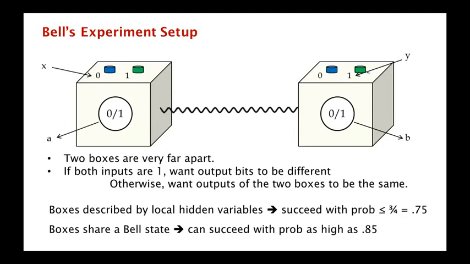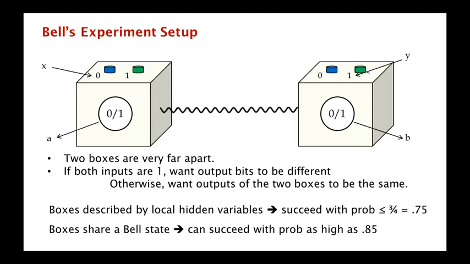And what we said is that if the boxes are described by a local hidden variable theory, so if there's some sort of classical description of what's going on in these boxes, then you can succeed in this task with no more than 75% probability.